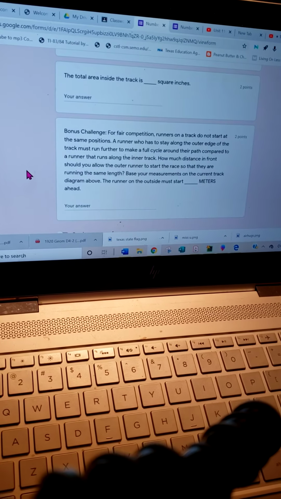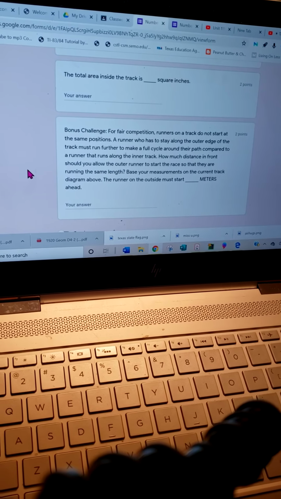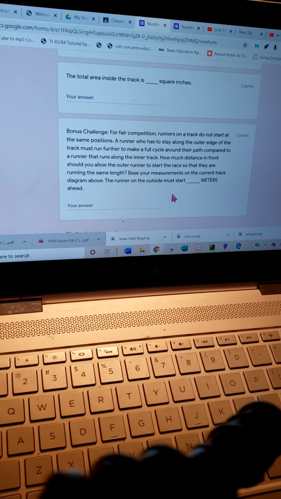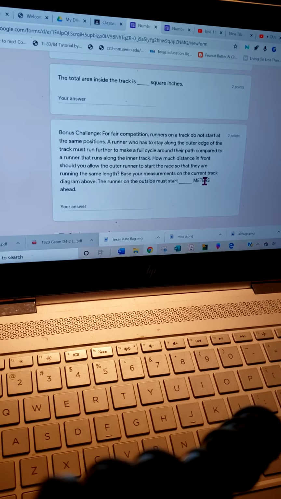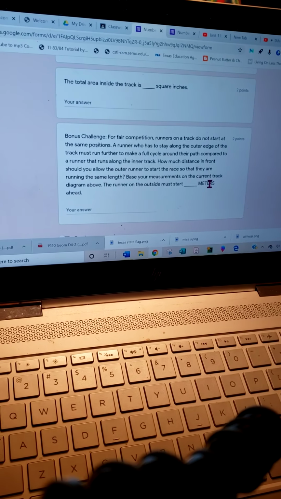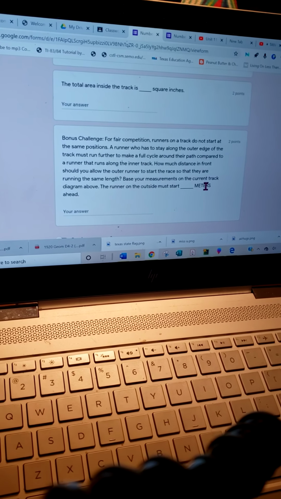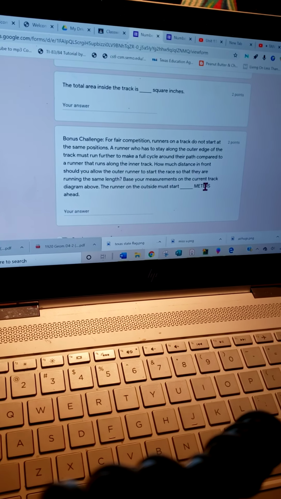So you're going to be comparing the length of the inner track and the length of the outer track here. Make sure you give me the answer in meters because we're talking about how far a runner runs, not inches. So look at the length of the inner track and the length of the outer track and compare those 2. All right, so that's it for number 3 and the bonus challenge. Let me come back in another video for number 4.